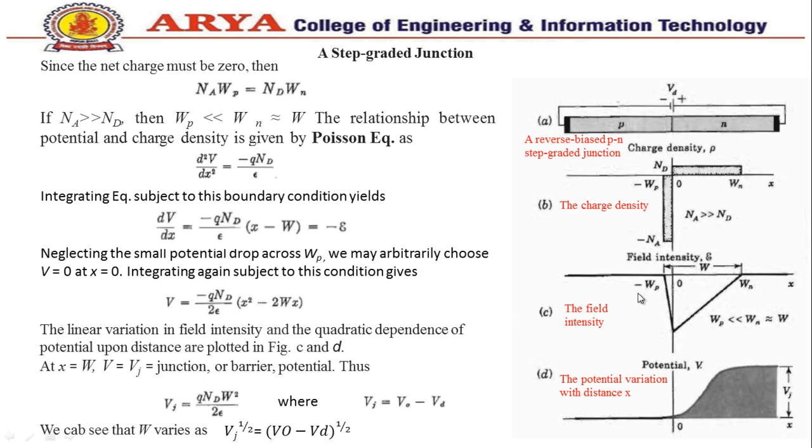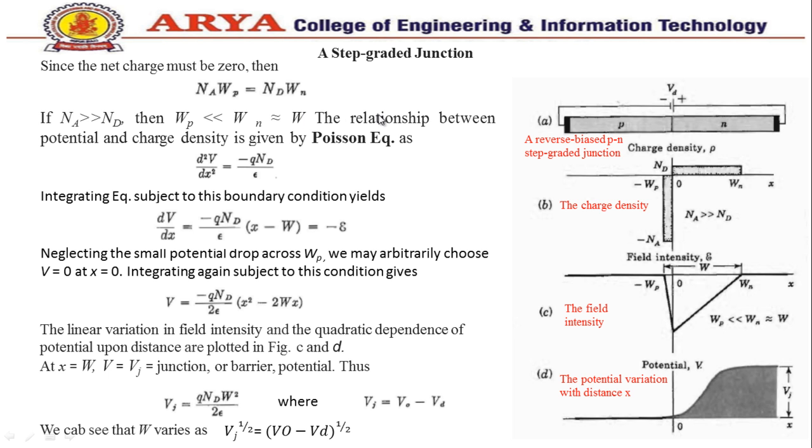This figure shows the charge density as a function of distance from an alloy junction in which the acceptor impurity density is assumed to be much larger than the donor concentration. Since the net charge must be 0, Na times Wp equals Nd times Wn. If Na is much greater than Nd, then Wp is much smaller than Wn, which we consider as W.